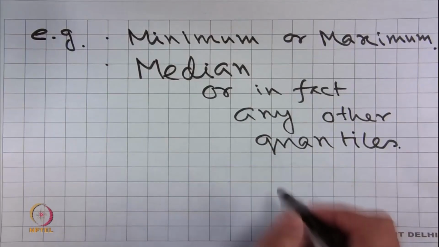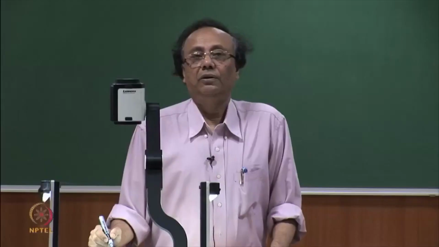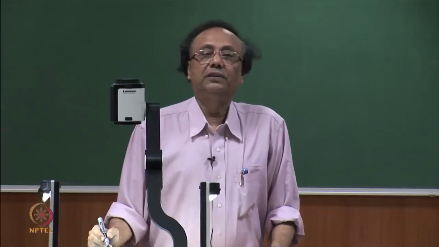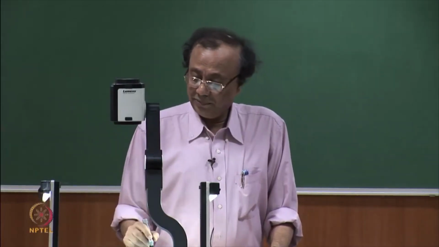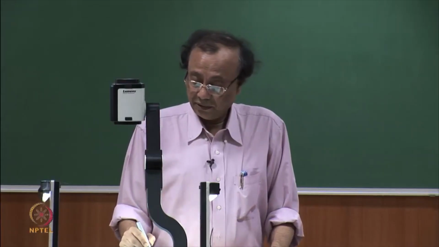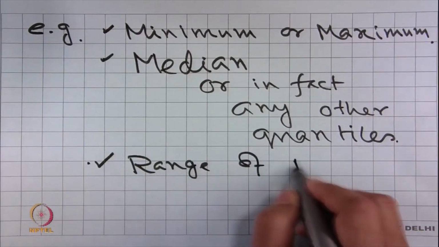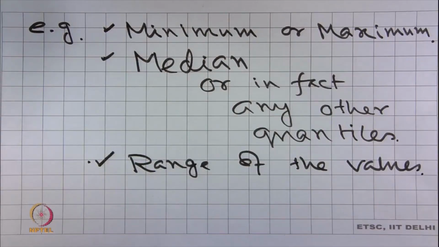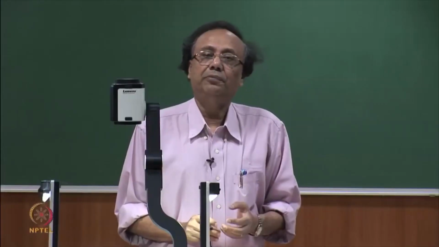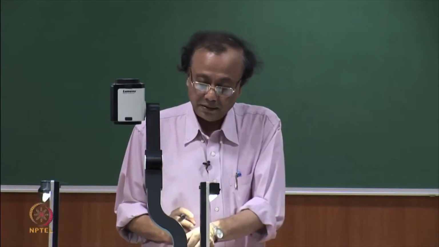For example, what is the 10th percentile of the population, or what is the 25 percentile, which is the first quartile of the population. We may like to estimate things like that, or the range of the values, say what is the expected range of the attribute in the population, that is the maximum minus the minimum.